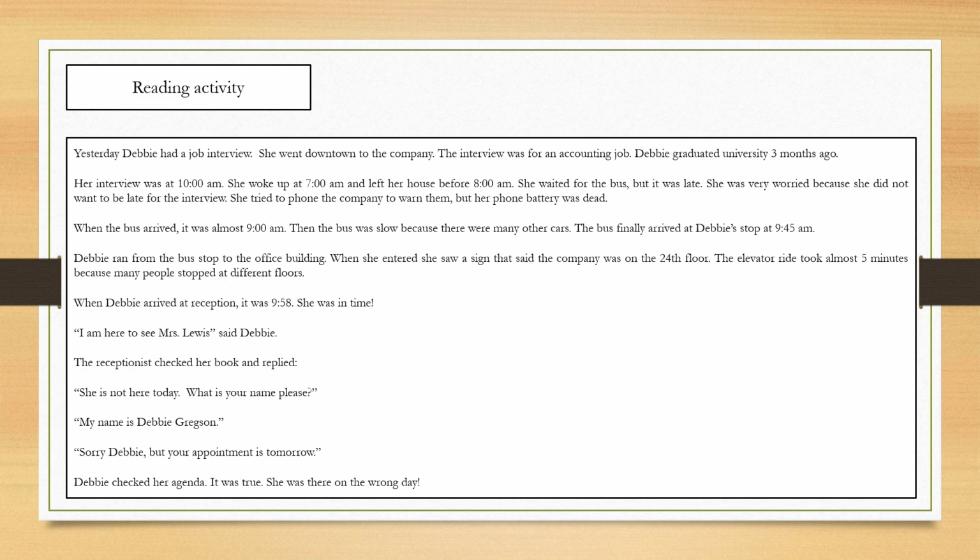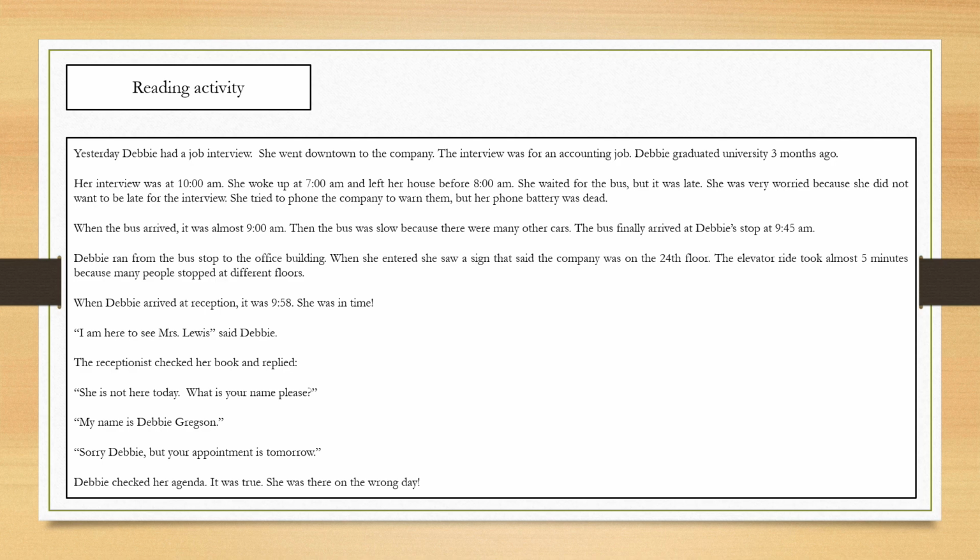She waited for the bus, but it was late. She was very worried because she did not want to be late for the interview. She tried to phone the company to warn them, but her phone battery was dead. When the bus arrived, it was almost 9 a.m. Then the bus was slow because there were many other cars.